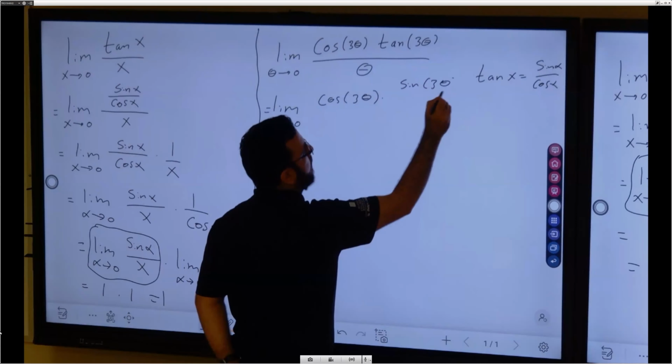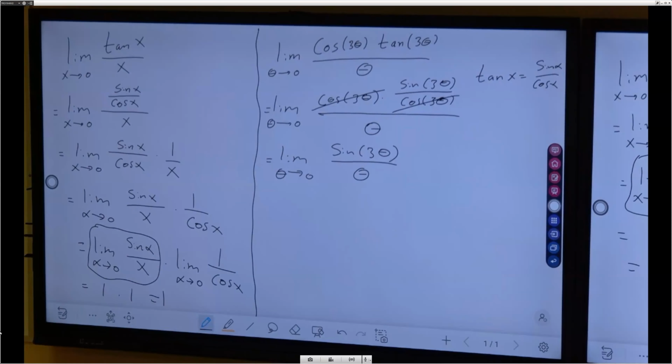Sine 3 theta over theta. The limit as theta approaches 0 of sine 3 theta over theta. Now what's the next step? Now you get rid of the 3? No, be careful. The 3 is part of an angle. 3 theta is an angle.